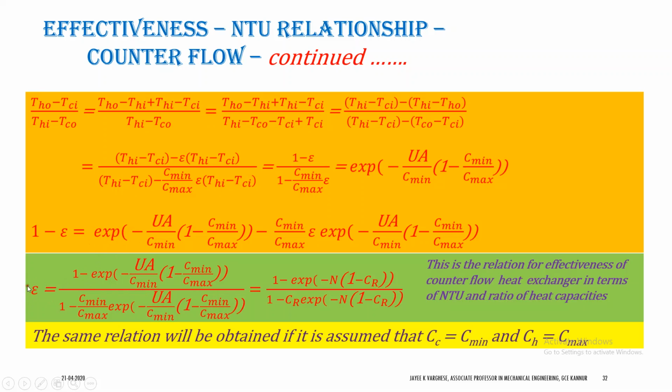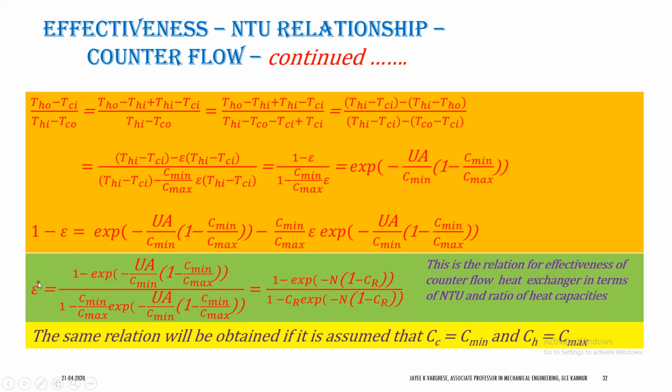So finally we will get epsilon is equal to 1 minus e to the power of minus UA by Cmin into 1 minus Cmin by Cmax, divided by 1 minus Cmin by Cmax into e to the power of minus UA by Cmin. From this relation you can very easily get this relation.